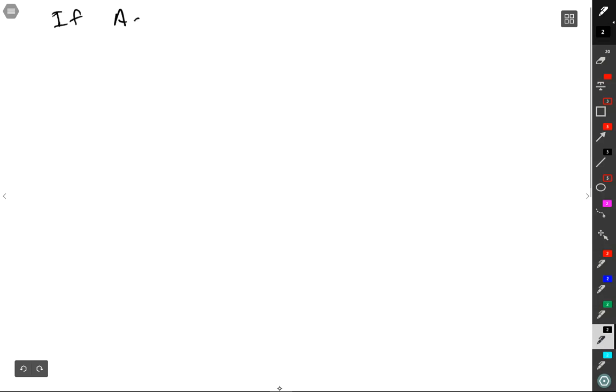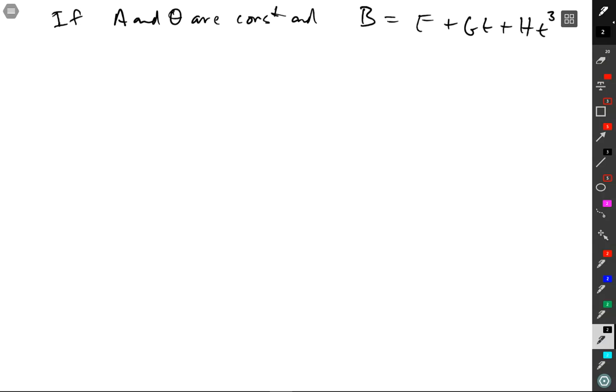If A and theta are constant and B is equal to, let's say, E plus GT plus HT cubed, bring out the two constant things.